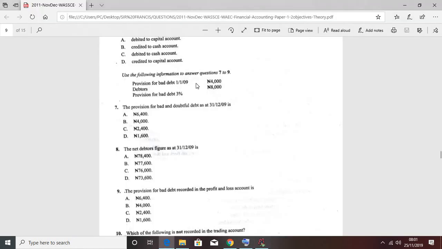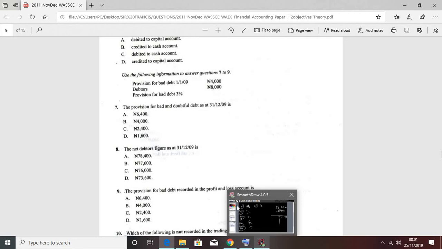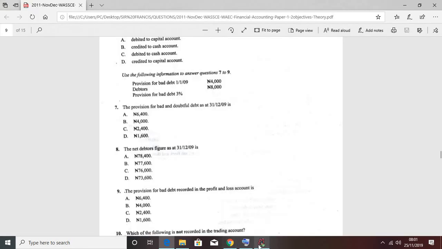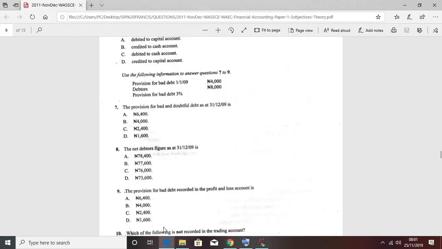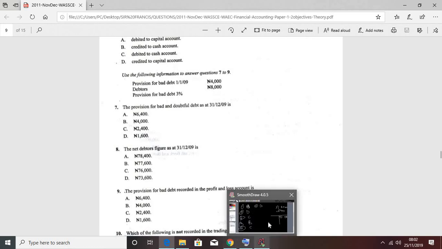As you can see, this one should be the balance brought forward, 4,000, and this is the new provision, which is 2,400. You should get the new provision.